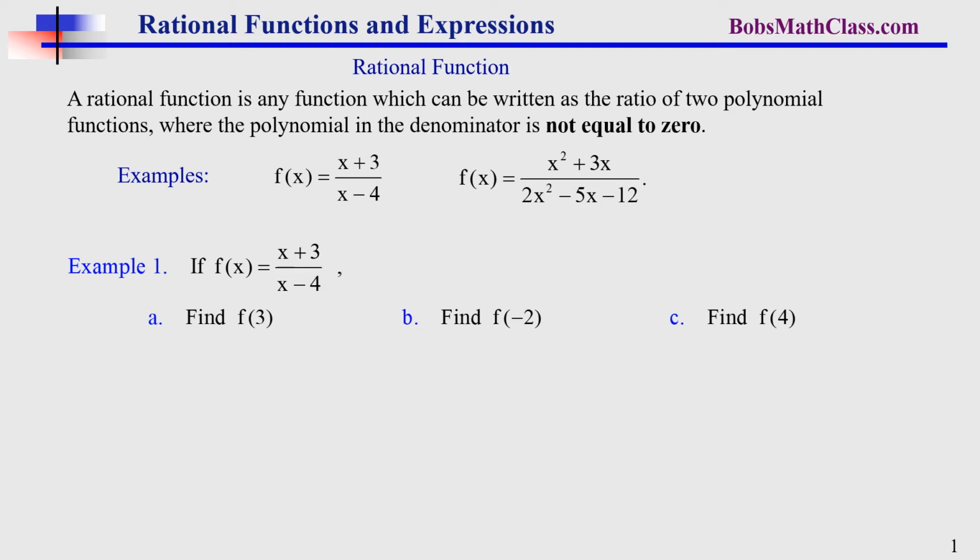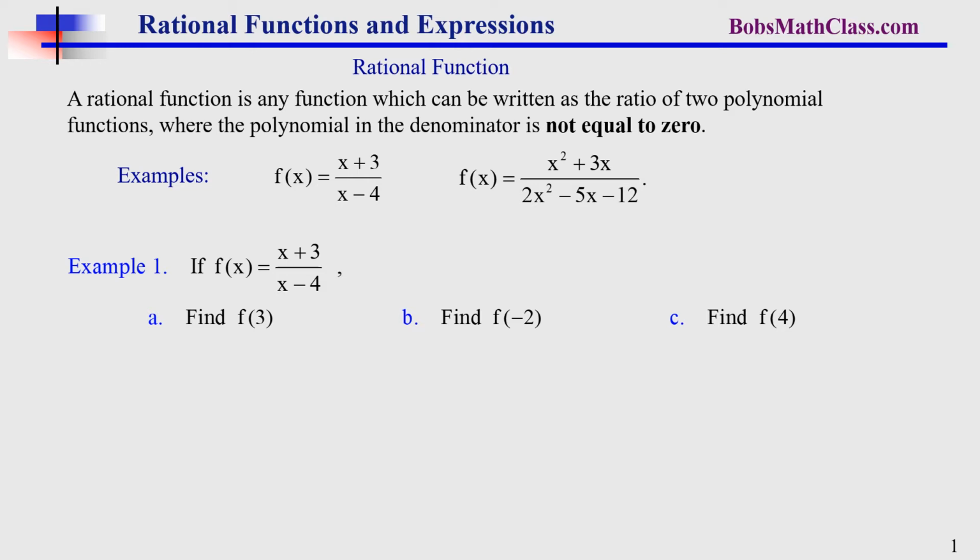There's a binomial on top and a binomial on the bottom. The next one is f of x equals x squared plus 3x over 2x squared minus 5x minus 12. On top is a binomial, 2 terms, and on the bottom is a trinomial, 3 terms.